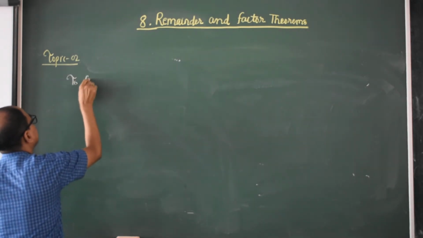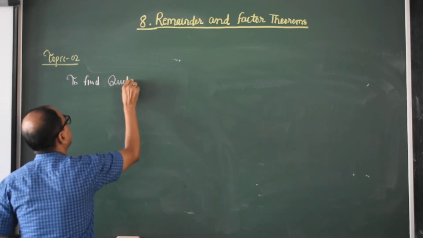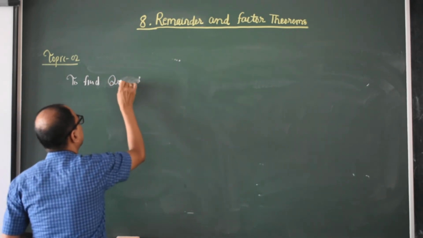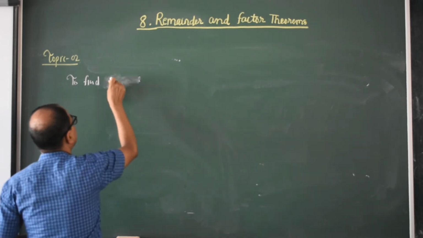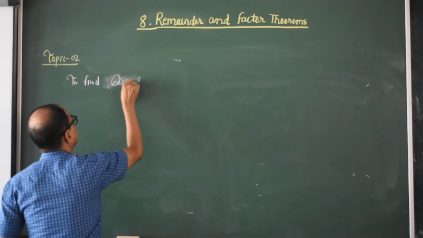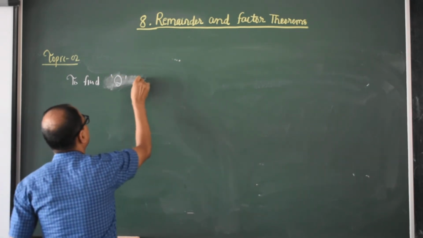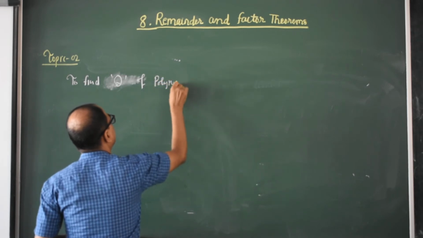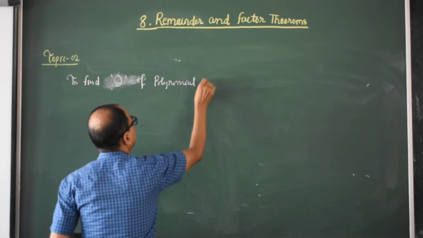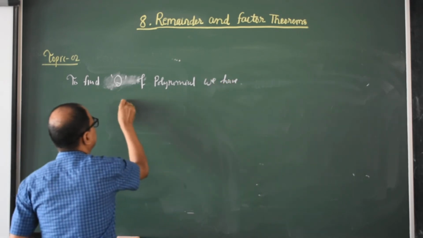To find the quotient of a polynomial, we have two options.